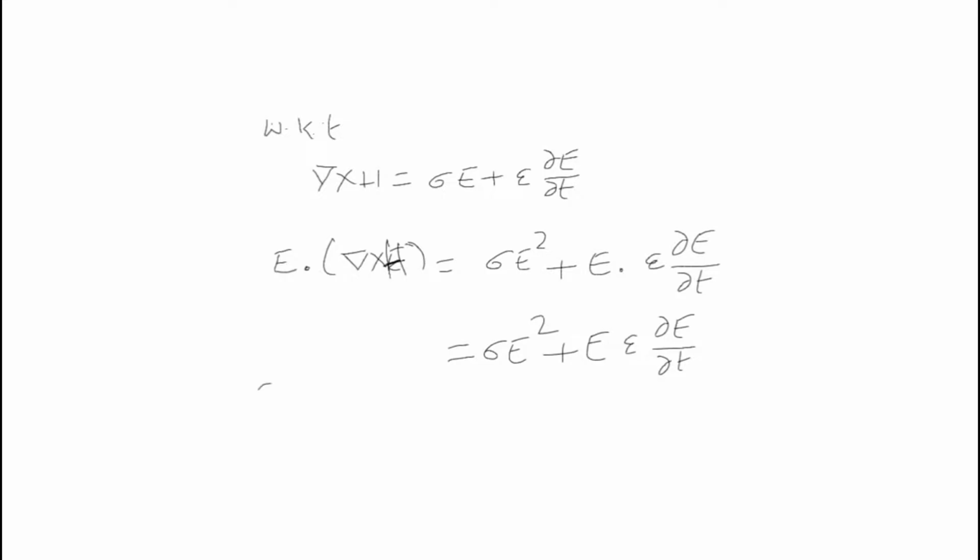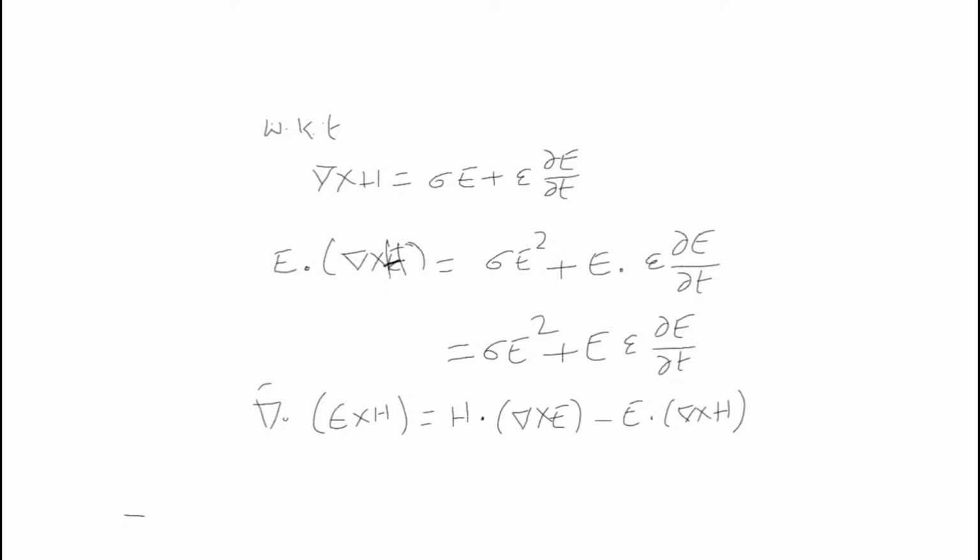Actually, we know that for two vectors, say H and E, del dot of E cross H is equivalent to H dot del cross E minus E dot del cross H. What we require here is E dot del cross H, so let us write an expression for this.